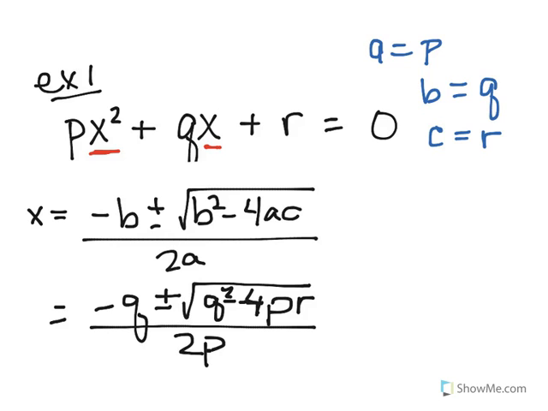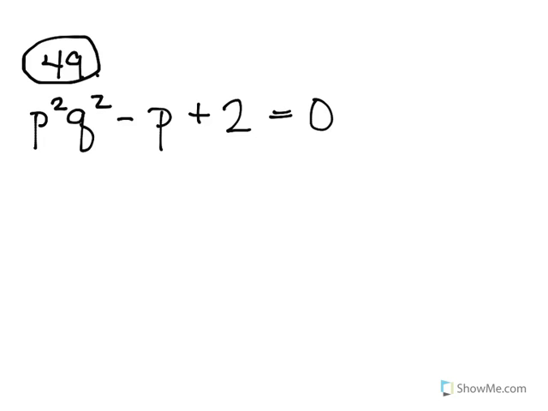Okay, so now let's look at your problem. This is number 49 from the book. It says p squared q squared minus p plus 2 equals 0. Part A tells us to solve this for the variable p. So what I notice is I have a p squared, I have a p, and then I have that constant term.